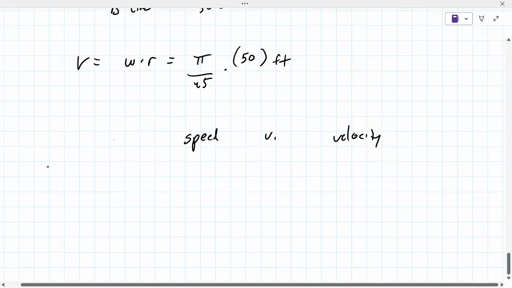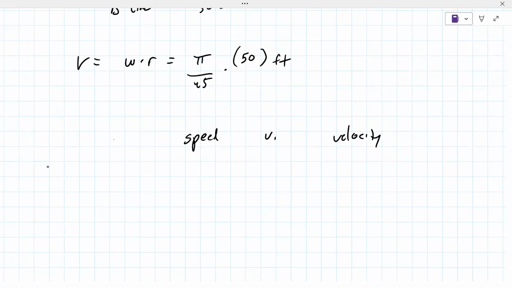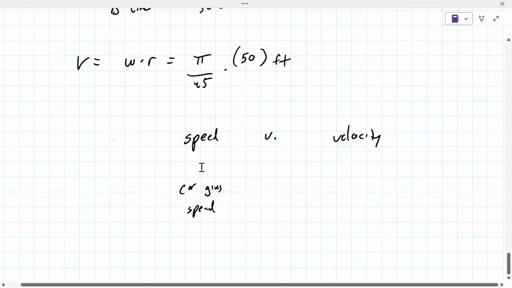So speed is what your car gives you, correct? When you back out of your driveway, your speedometer will go up, you'll see 5, 10 miles per hour. And if you go forward, it says 5, 10 miles per hour.